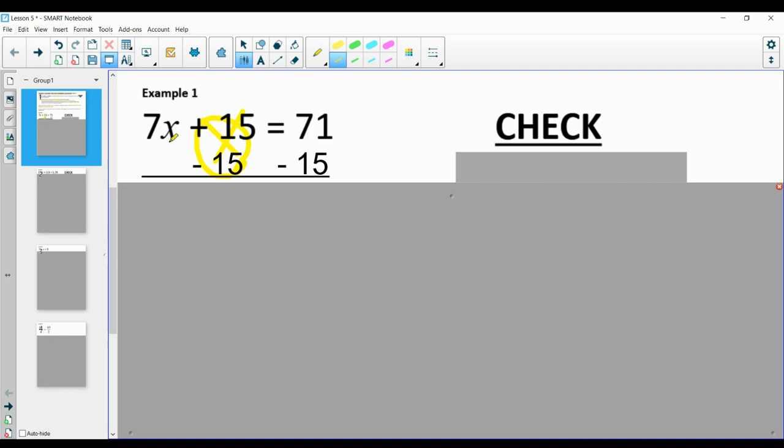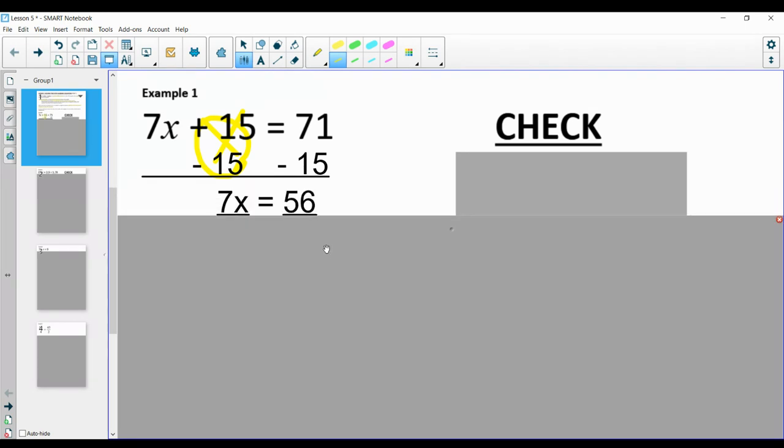So I have the 7x, I'm going to bring that down. And then over here I have 71 minus 15. Use your calculators and you get 56. So now I have 7x equals 56. Once again, I want to get the x by itself. How do I get rid of the 7? Well, this says 7 times x.